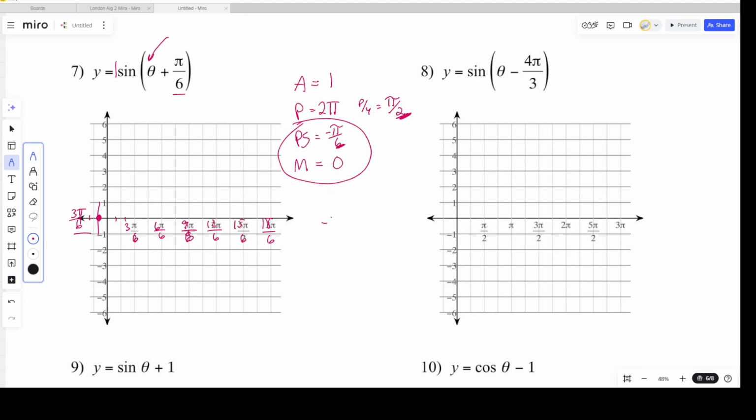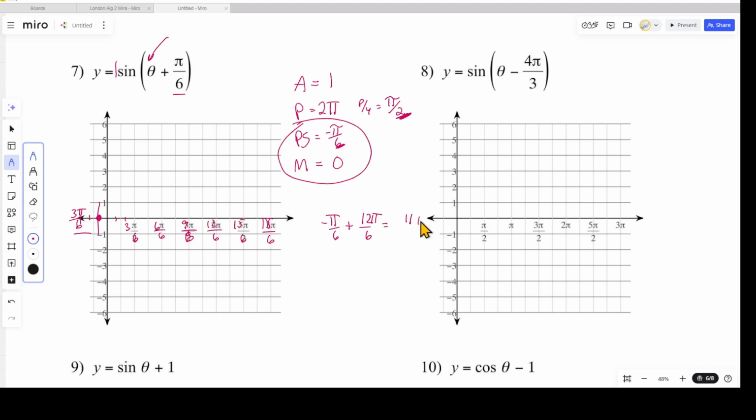So I'm going to have to do negative pi over 6 plus 2 pi. That's what I'm trying to do, negative pi over 6, and I need to go over to the right 2 pi. Alright, so 2 pi is the same as 12 pi over 6.